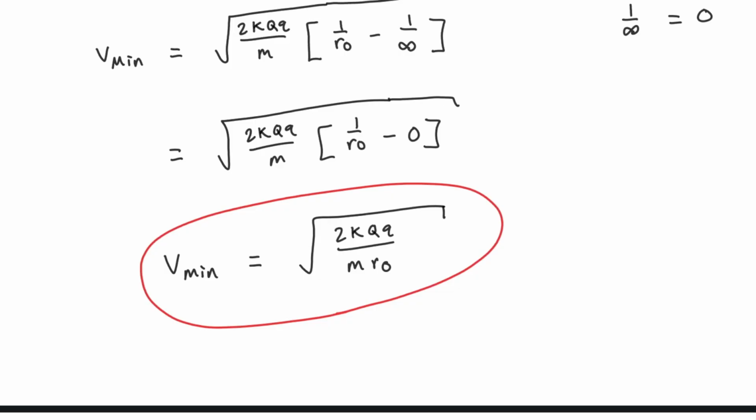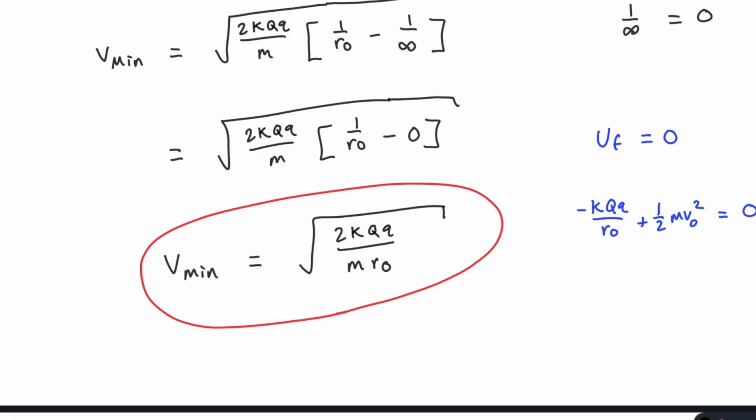There is an alternate approach you could do to solve this if you didn't want to use the expression from earlier. Instead, you could set the final potential energy equal to 0, because that's what it means by escaping. So you could set up this equation, negative kqQq over r0 plus 1/2 mv0 squared equals 0 plus 0, because you'd have no potential and no kinetic at the endpoint.